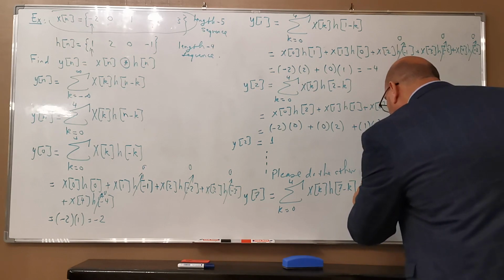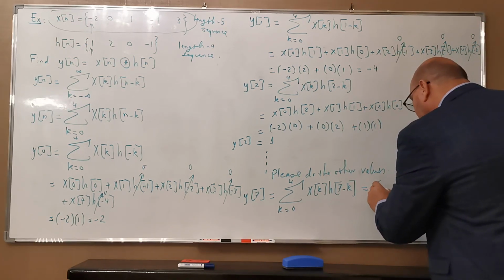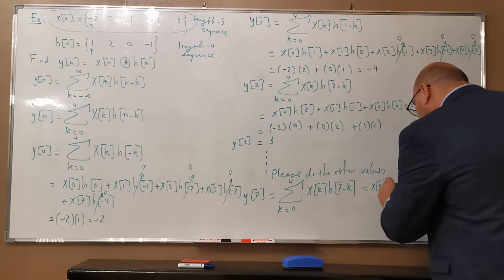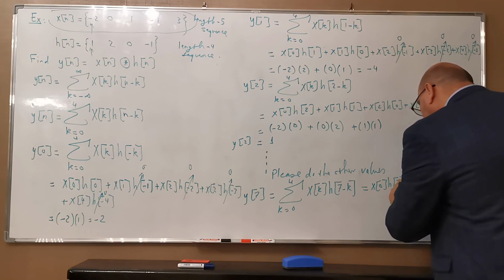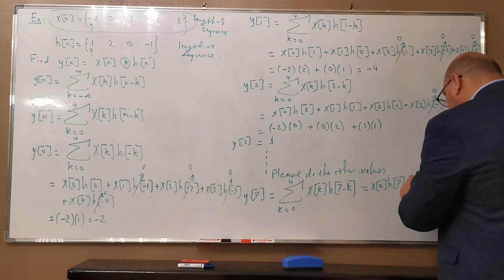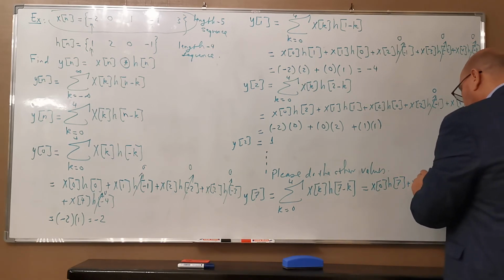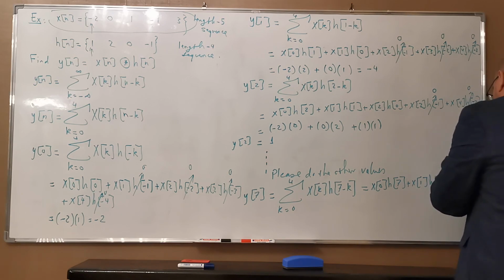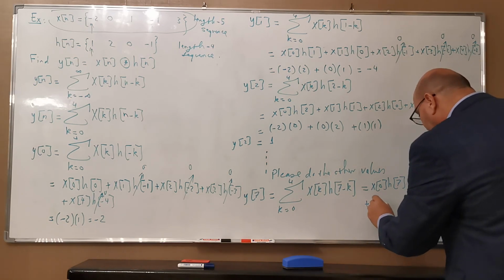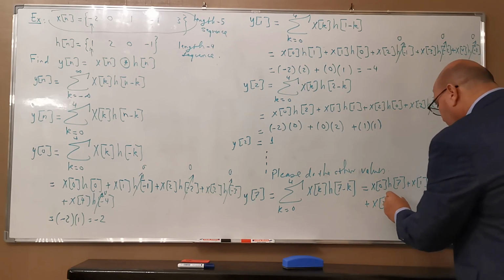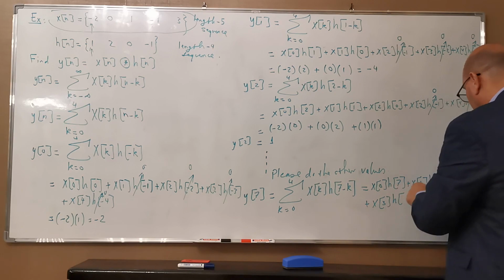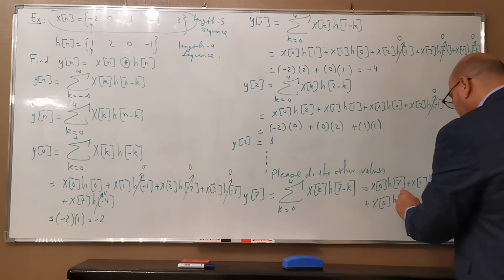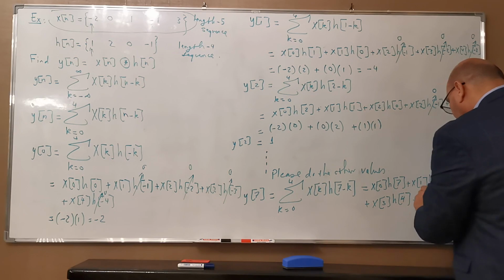And this is equal to x of 0 h of 7 plus x of 1 h of 6 plus x of 2 h of 5 plus x of 3 h of 4 plus x of 4 times h of 3.